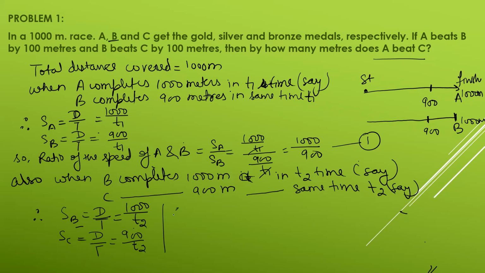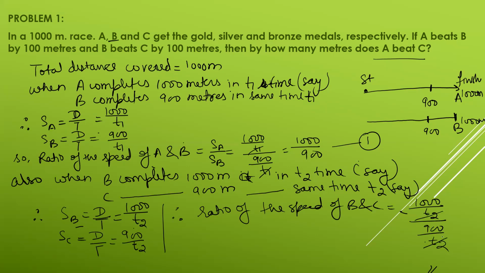So therefore, ratio of the speed of B and C is equal to 1000 over T2 upon 900 over T2. Again, T2s get cancelled. This is basically SB over SC. So SB over SC is equal to 1000 over 900.